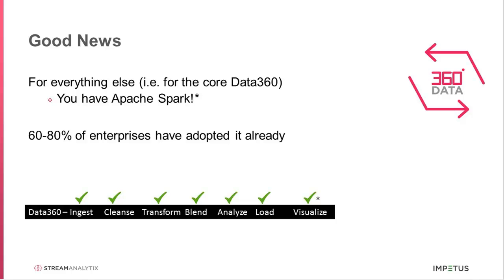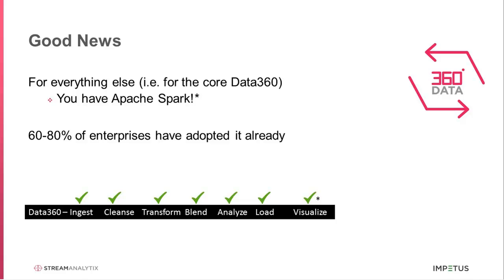Whatever it is, Apache Spark enables you to do the full data360 spectrum of ingest, cleanse, transform, blend, analyze, load, and visualize all by itself. And we're going to show you a little bit more about that. And 60 to 80% of enterprises have already adopted this.